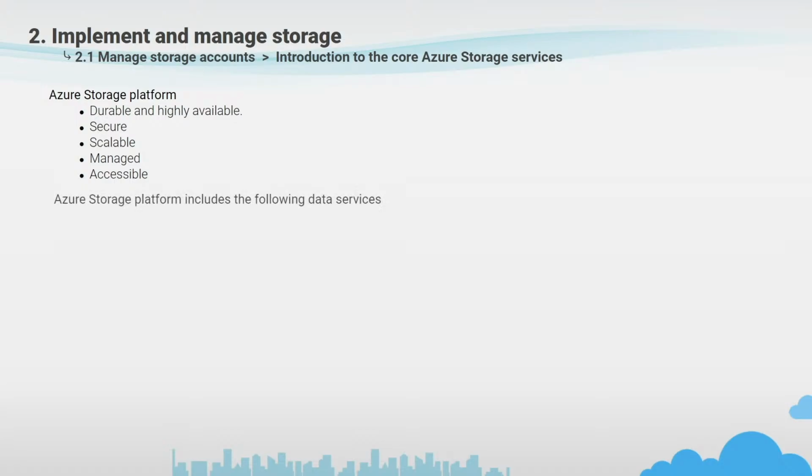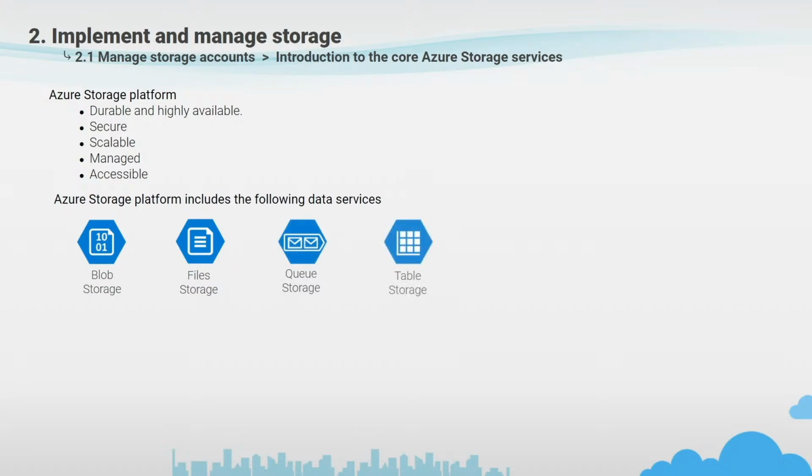There are a few platform data services where you can store your data. Azure Blobs allows you to store unstructured data and access it at a massive scale in block blobs.